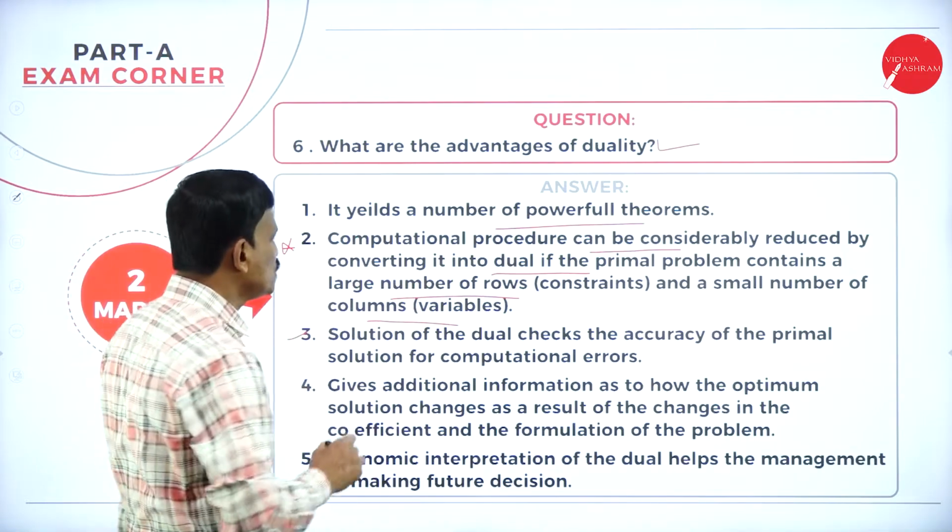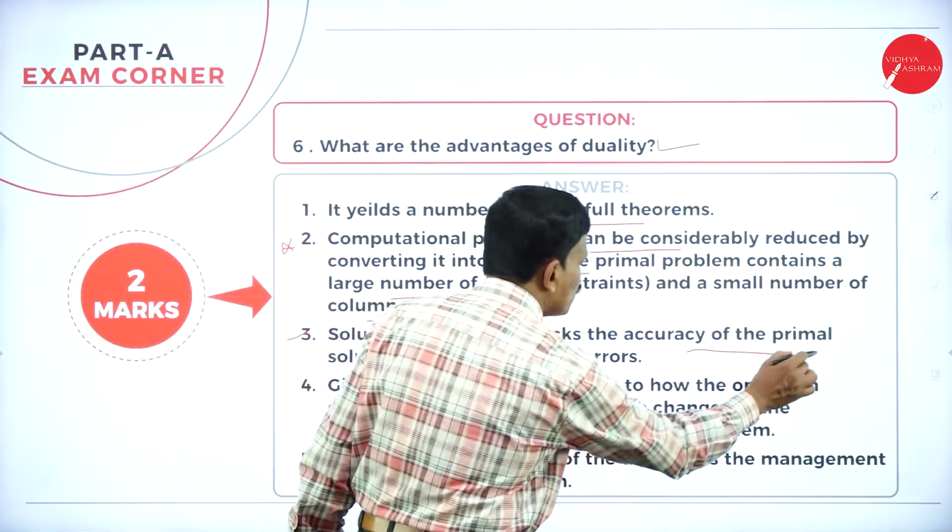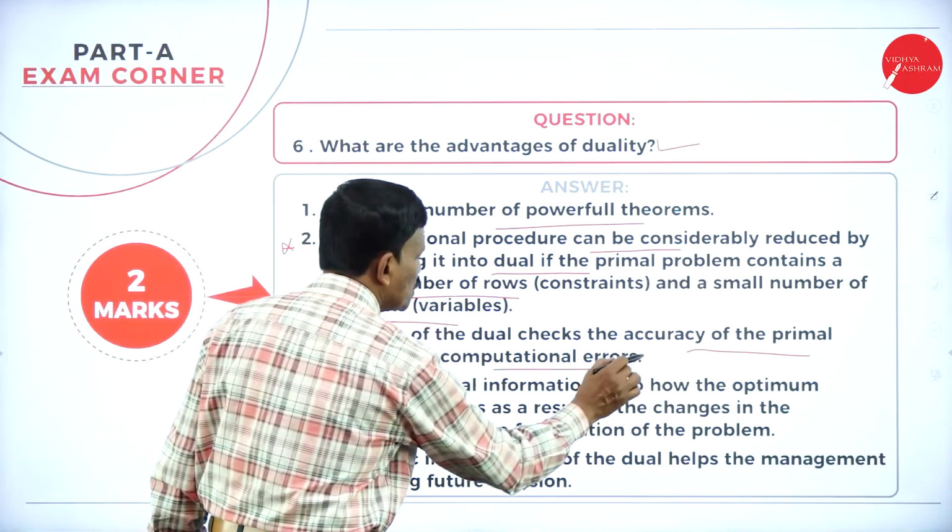This is a very important point. Next, the solution of the dual checks the accuracy of the primal solution for computational errors.